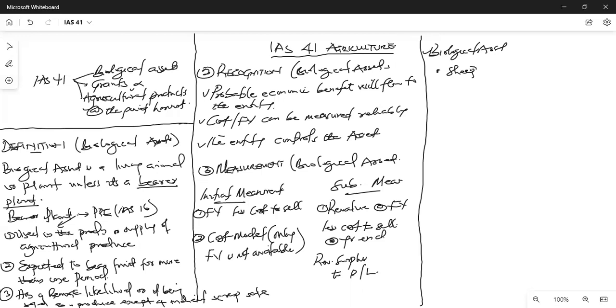Examples of these are sheep. All right? So at a point, even some of the plants may stand as a bearer asset, especially plants. So hardly do you sell plants. But as for the animals, very likely you can sell them. Okay, very likely.